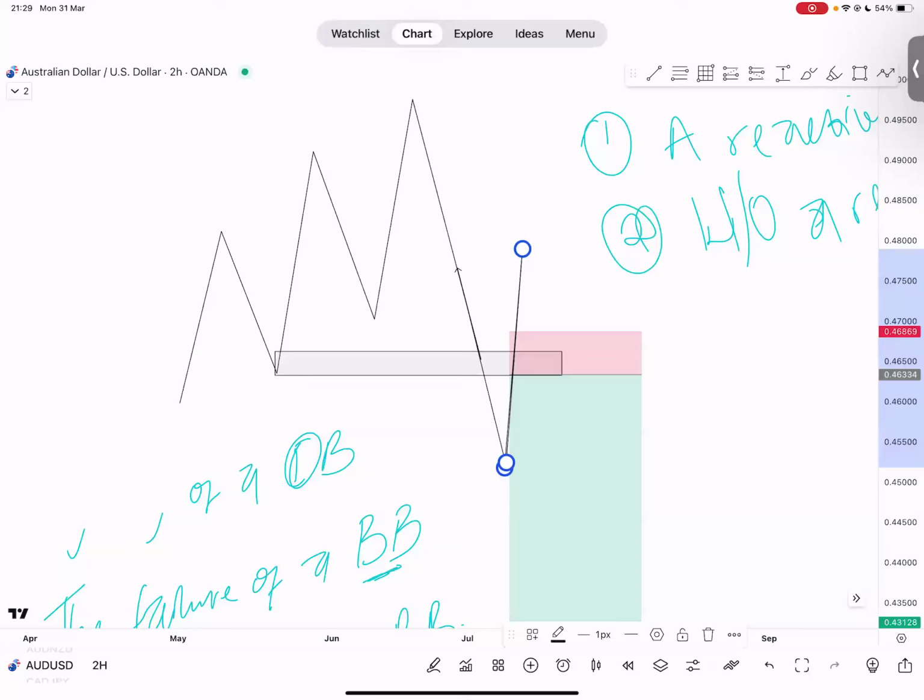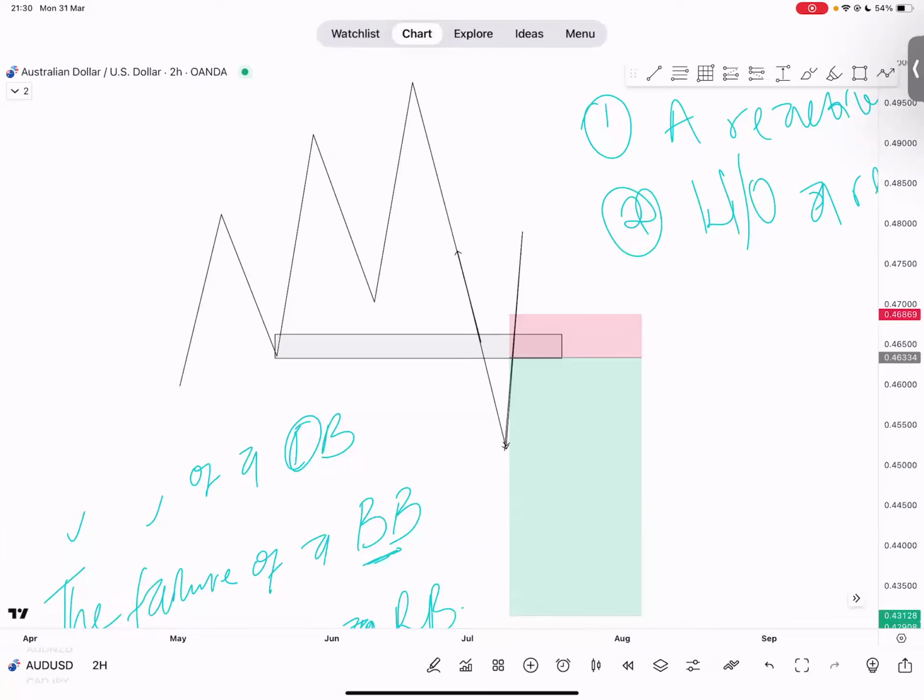To reclaim ownership of something means that you have now taken back the ownership of something. And that is how it is on the charts. When you say that a zone is a reclaimed zone, or a block is a reclaimed block, it means that that block was lost before, but price has come back to take it back.